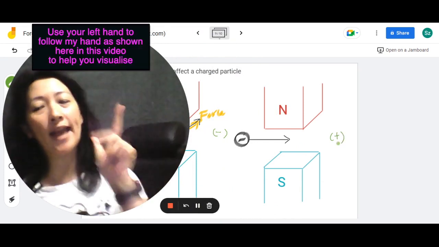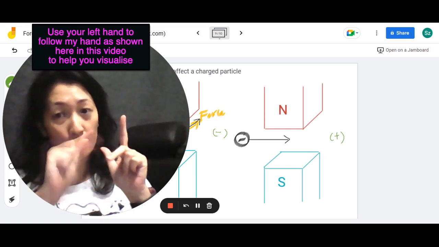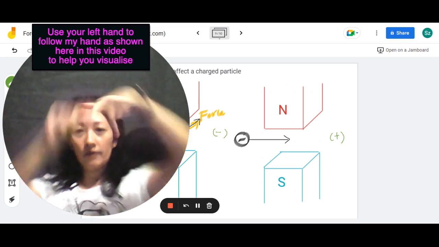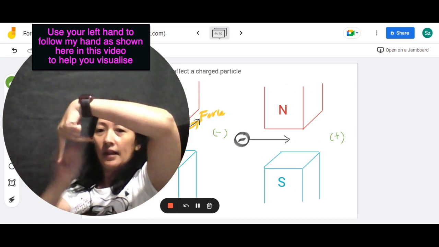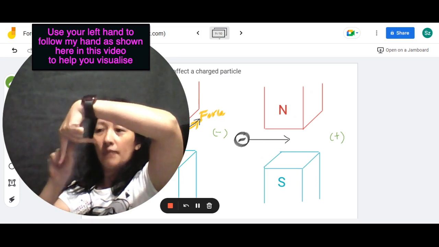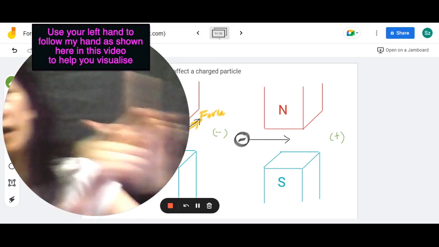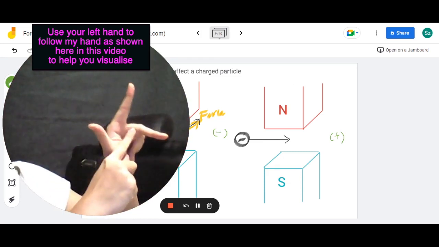So how do we use the hand in this case? Your current needs to be opposite to this direction. So again, north to south, so pointing down. But this time, instead of the current following the charged particle direction, remember it's from positive to negative. Because in terms of your middle finger, it's positive going to negative.